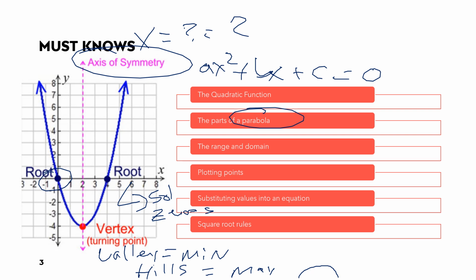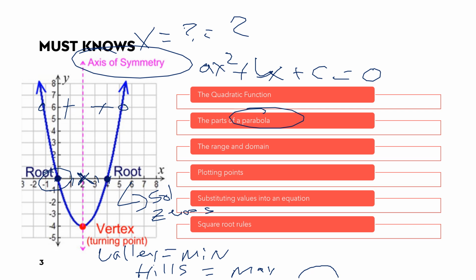If you look at these 2 roots here, if you go to x equal 2 on the number line, the root to the right is 2 units away. The root to the left is 2 units away. Every dot is always an equal distance from that axis of symmetry.